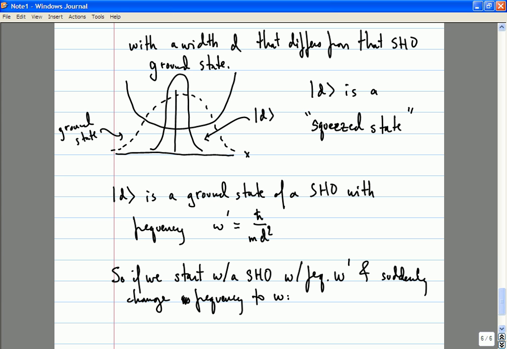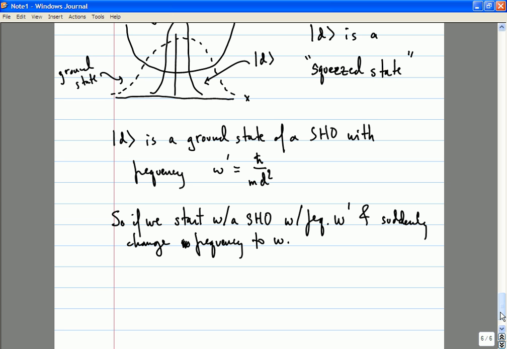Then the wave function is a continuous function of time. So if we make the change in the potential instantaneous, then immediately after we change the potential, we will be in a state D. Namely, the state of the harmonic oscillator ground state before you change the frequency.